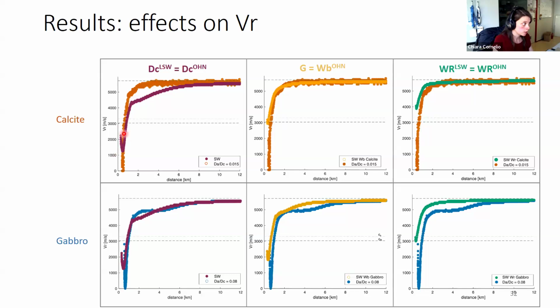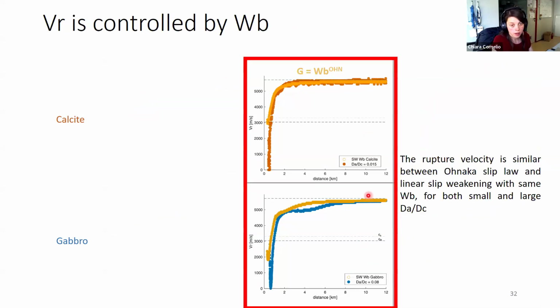So here the purple points are lower compared to the orange one or also to the blue one. If we take the same weakening rate, we are overestimating the rupture velocity. However, if we consider the same energy, we are more or less able to have the same rupture velocity for both the Ohnaka friction law and the linear slip weakening one.